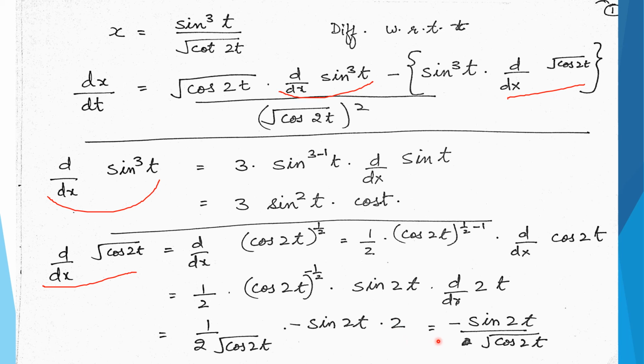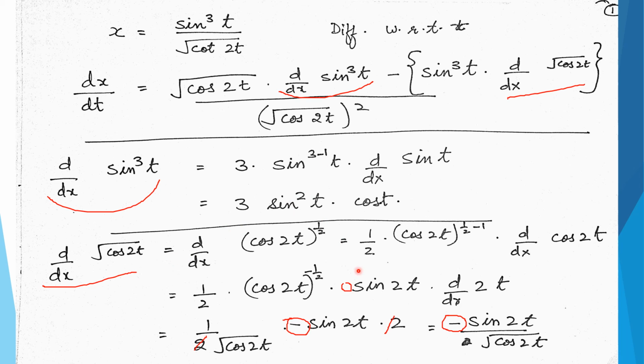Okay, so you can compile it and write minus sine 2t upon under root of cos 2t, because if you see carefully, this 2 stands cancelled with this 2. And the minus sign is represented here. Now this is sine 2t upon under root of cos 2t. So I calculated d by dt sine cube t here, and I calculated d by dt under root of cos 2t here.